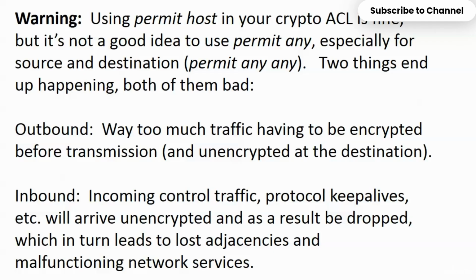So again, using permit host in your crypto ACL is fine. Be very, very wary, careful, don't do it actually, of using permit any for source and destination in that extended ACL. Those are the rules of the crypto ACL, and coming up next, we are going to configure it and put those rules into action.